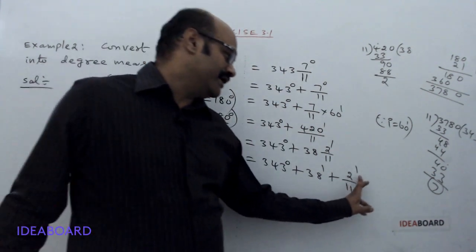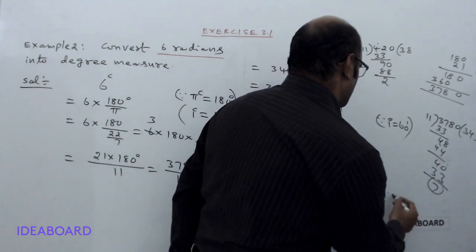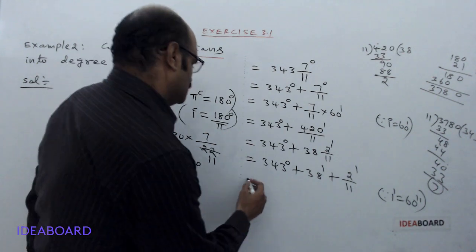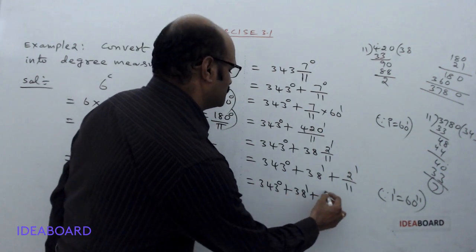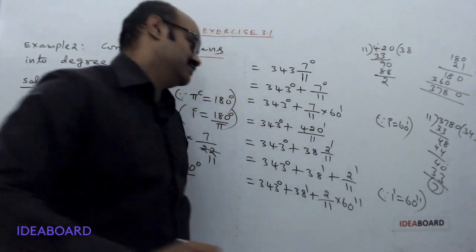Now here we should write the minutes into seconds. We know that 1 minute equal to 60 seconds. So it's equal to 343 degrees plus 38 minutes plus 2 by 11 into 60 seconds.